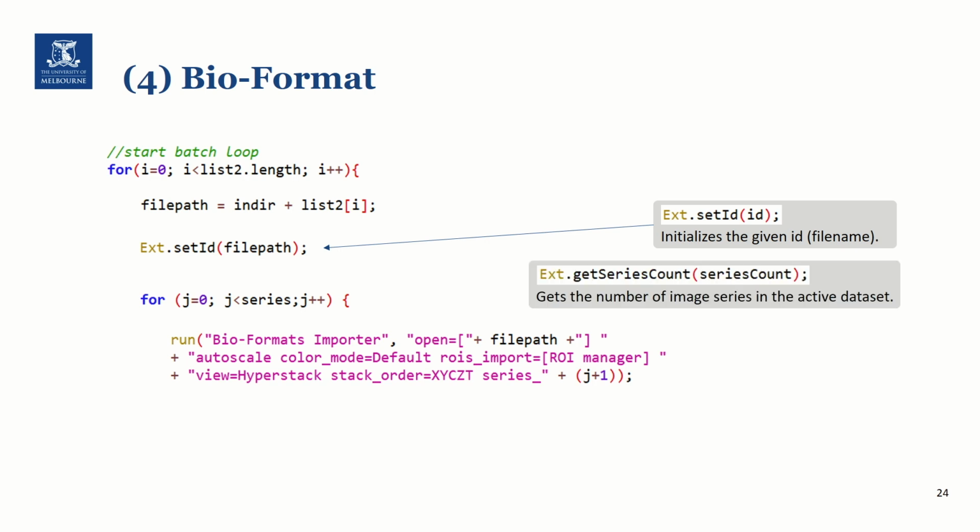And another one is Ext.getSeriesCount, and this will get the number of image series in the active dataset into the variable inside the brackets. So I'm going to use this extension, but we'll set the variable name a bit shorter, as series. All of these extension functions always have to be placed after this run command.